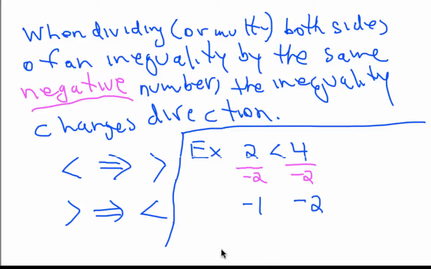Now if you look at the real number line, you see that negative 1 is here, but negative 2 is to the left of it. It's more negative. So we see that negative 1, since it has fewer negatives, is actually greater than negative 2.